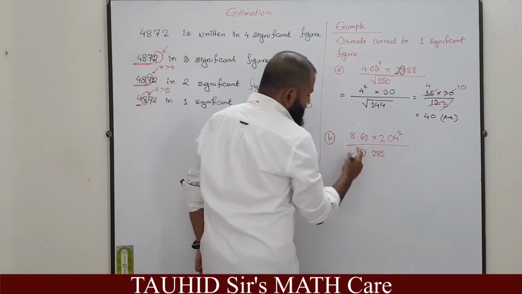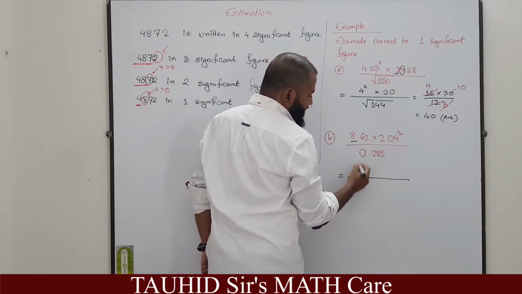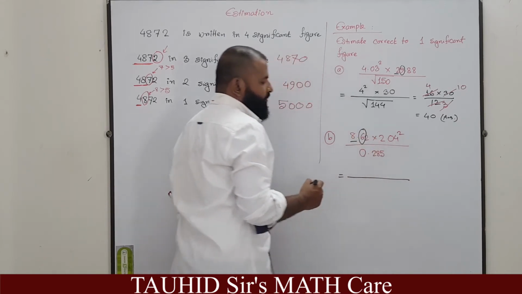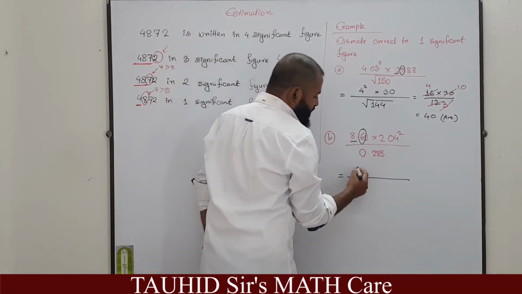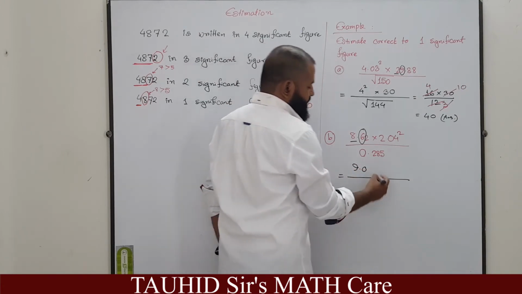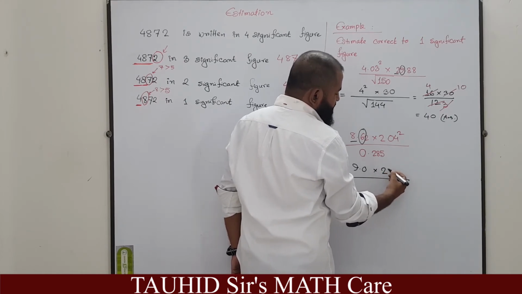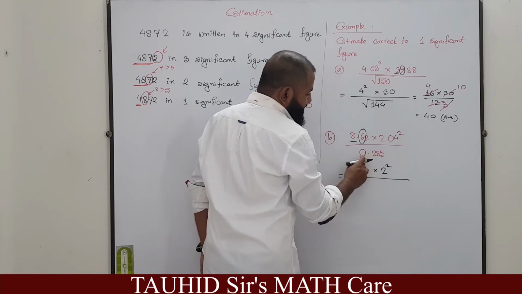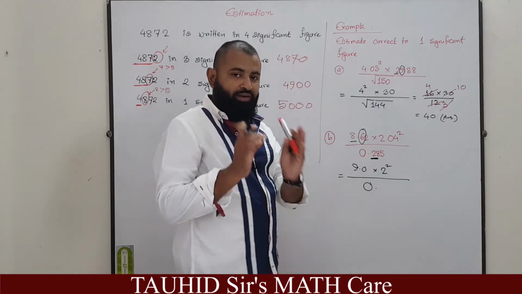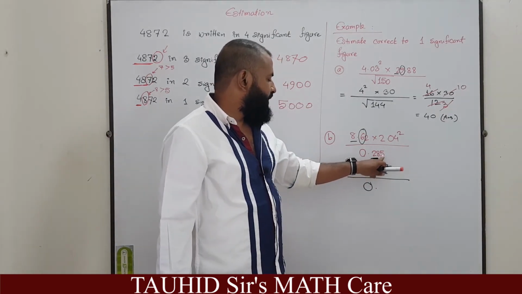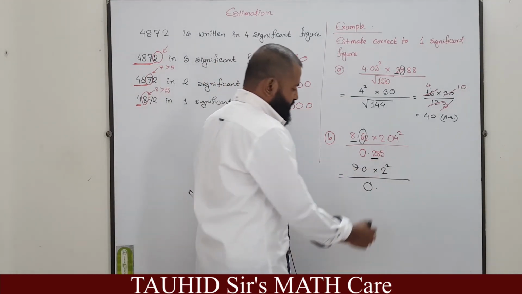Now the second example, 8.62. Here we see 8 at one significant figure, and the number immediately after that is 6, which is greater than 5. So we will write 9.0 in one significant figure. 2.04 squared, in one significant figure we will write simply 2 squared. 0.285, for one significant figure we will write only the first figure, 2. Immediately after that there is an 8, which is greater than 5, so this 2 will become 3, 0.3.